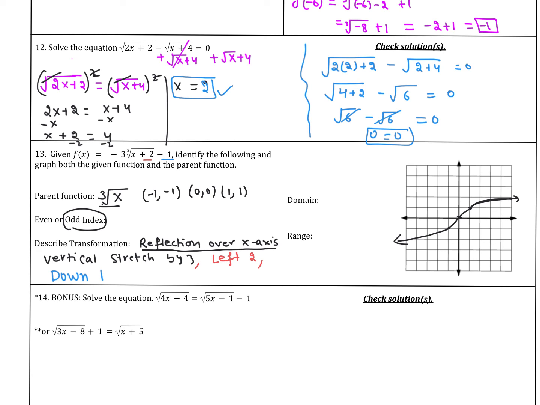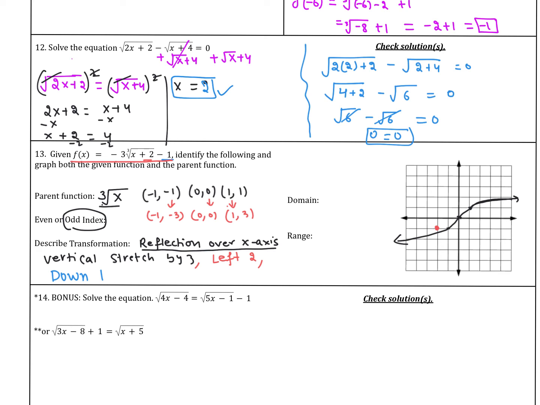To make the graph of the reflected function, you're going to move 2 units to the left and 1 unit down. This is my point, and it is going to be stretched by 3. So this is moved to negative 1 comma negative 3, 0 comma 0, because when you multiply 0 with 3 it's just 0, and then 1 comma 3.